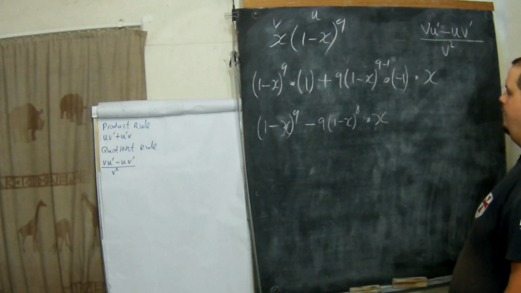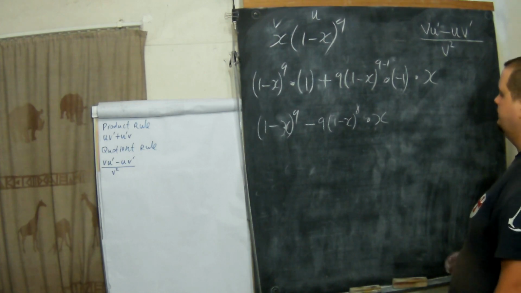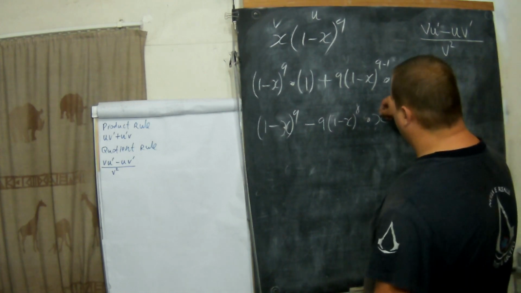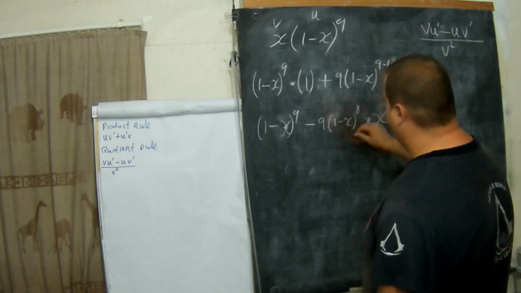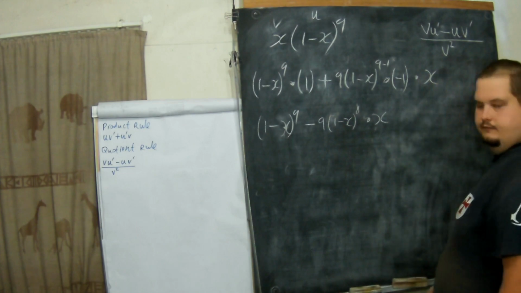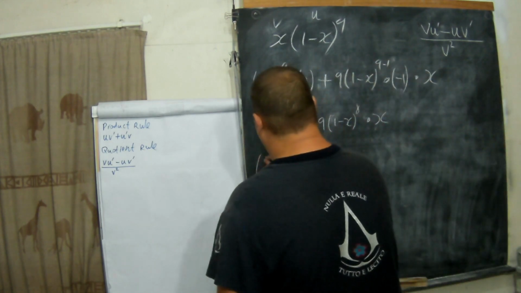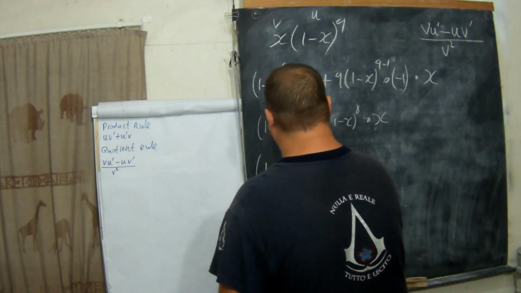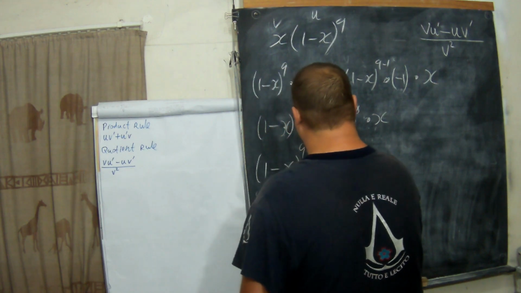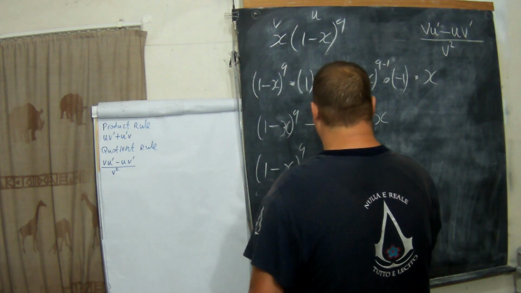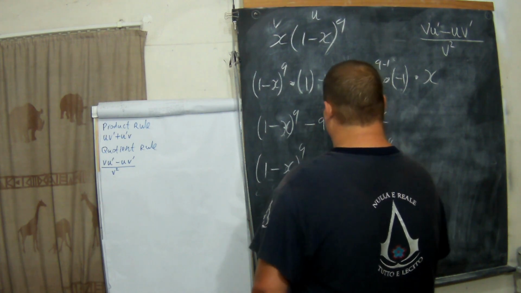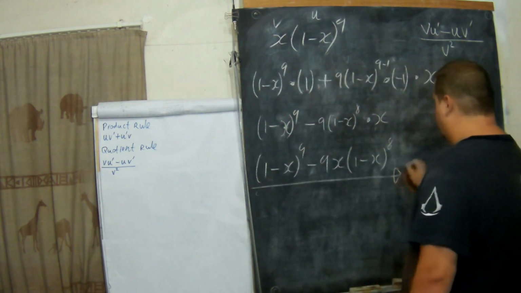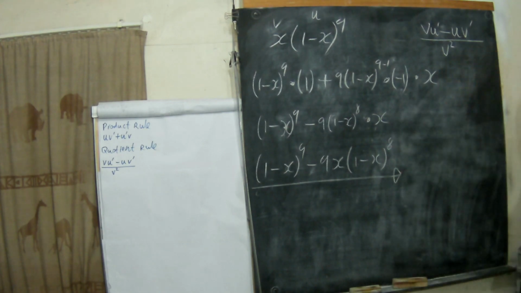Now the x multiplies with the 9 and becomes 9x. So we've got (1 minus x) to the power 9 minus 9x (1 minus x) to the power 8. And that is our final answer.